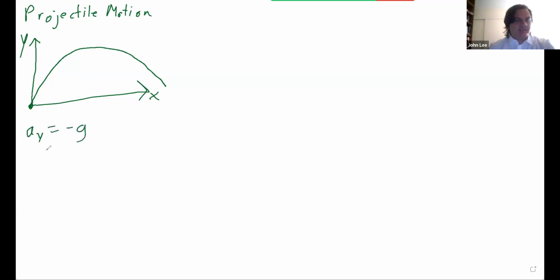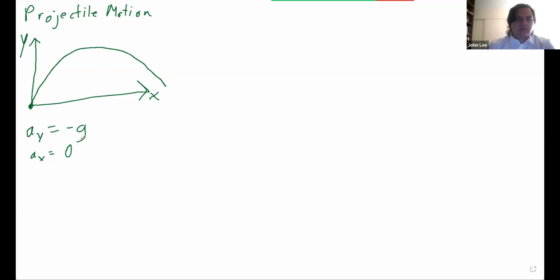So in projectile motion, our assumptions are that ay equals negative g and ax is equal to 0. So there is no acceleration in the x direction, but there is gravitational acceleration in the negative y direction.